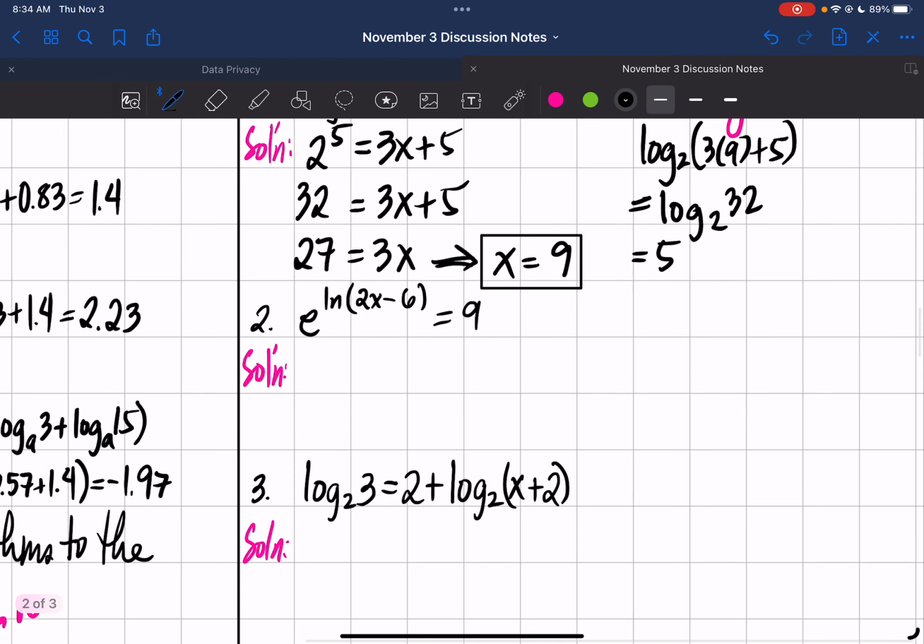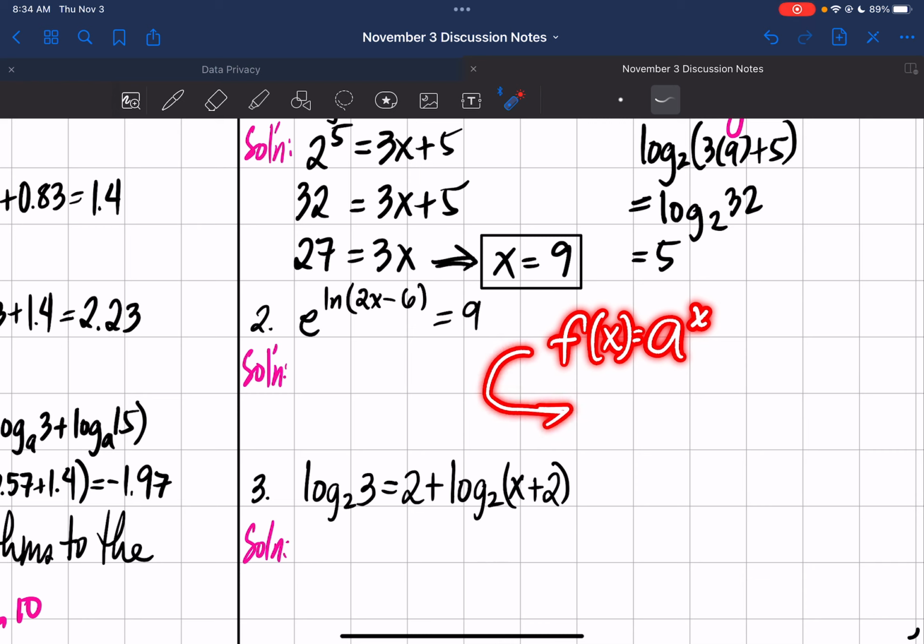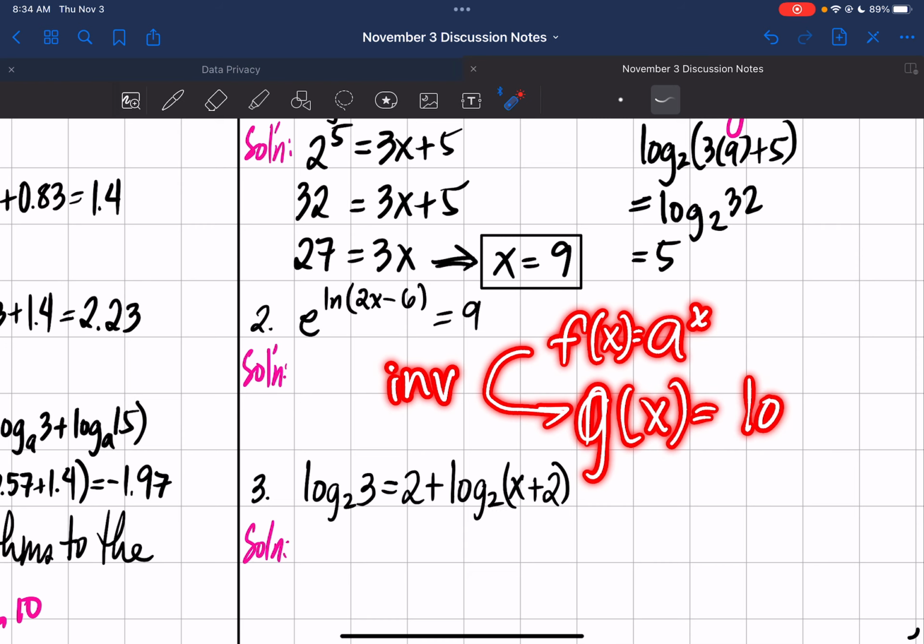So number 2, we have here e raised to ln of the quantity 2x minus 6 equals 9. If we remember, class, f of x equals a raised to x. The inverse of this is the function g of x equals log of x base a.